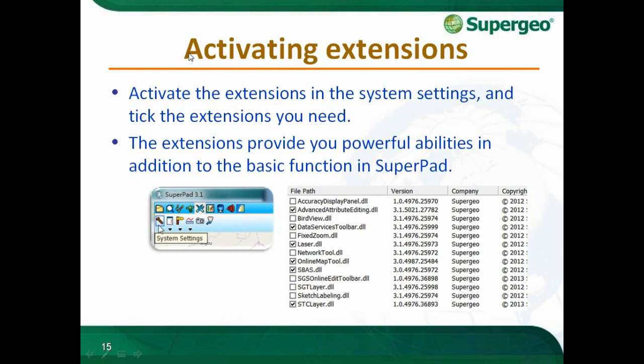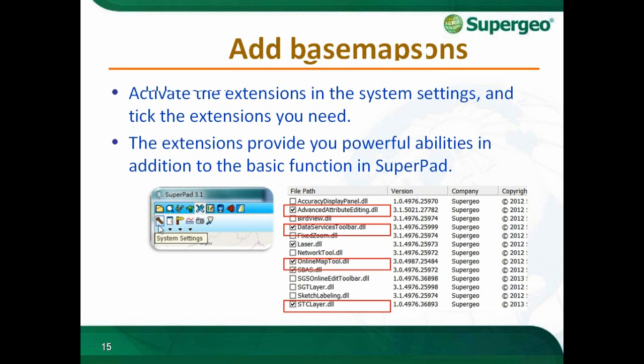To activate an extension, you have to go to the settings page and find the extension you want to use. For example, we are going to use Advanced Attribute Editing, Data Service Toolbar, the Online Map tool, the STC layer and other extensions. You have to activate all these extensions and then restart your SuperPad to make them work.